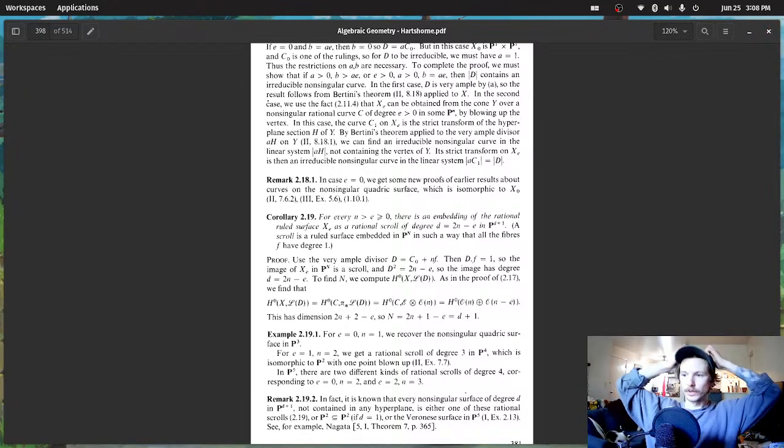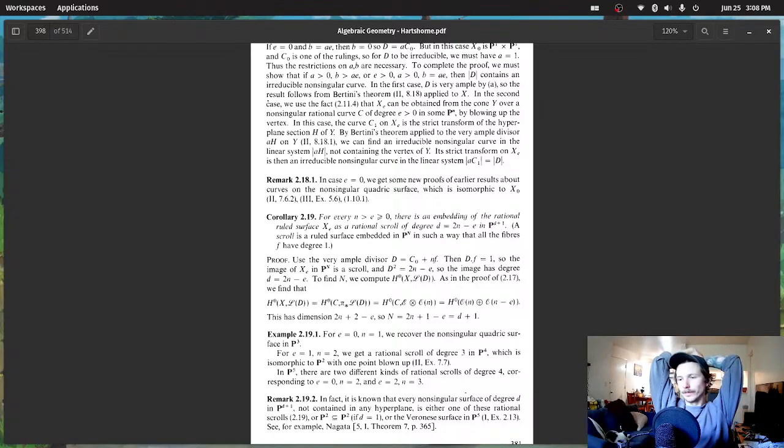So we could embed this as a degree 6 curve in P7. Is that what we're trying to do?